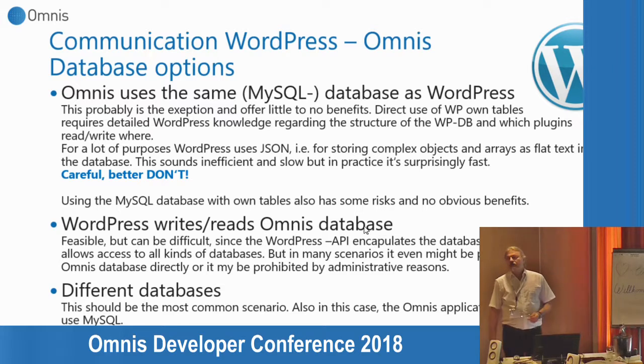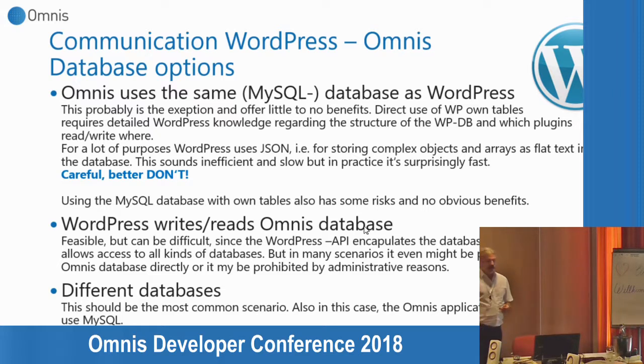Also WordPress writing into the Omnis database, you would have to break the design guides of WordPress and go down to SQL level. On the other hand, you're limited more or less to MySQL. Not really, there are also other drivers for other SQL servers, but often you will have a scenario where you don't have physical access to the other database, so the port to MySQL or SQL server will not be open.